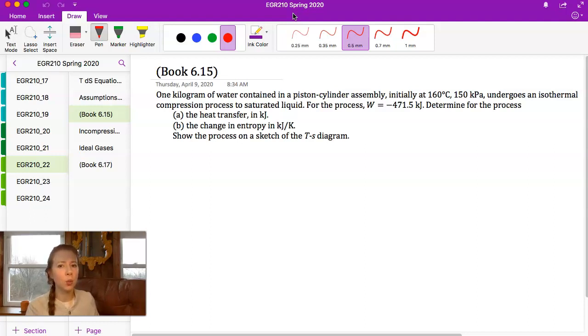For the process, work is equal to minus 471.5 kilojoules. And so we need to determine for the process A, the heat transfer in kilojoules, and B, the change in entropy in kilojoules per kilogram Kelvin. And we want to show the process on a sketch of the TS diagram. So let us begin with just jotting down our givens.